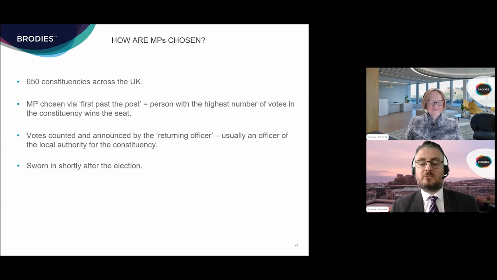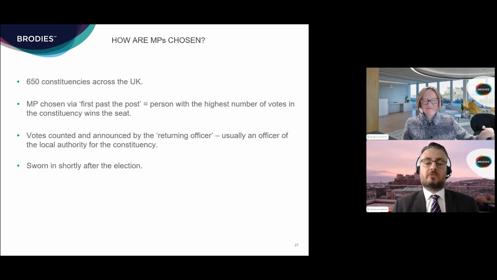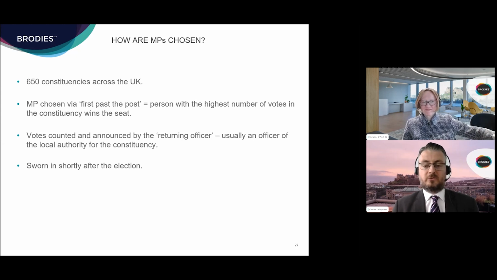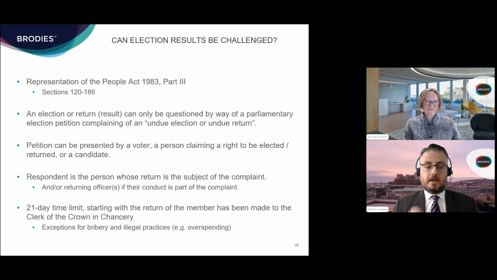And then MPs will be sworn in shortly after the election. Not all 650 of them, though. It's been a long time since there have been 650 because MPs from Northern Ireland who stand for Sinn Féin don't take up their seats because they won't take the oath. So you don't actually get 650 MPs sworn in. Can election results be challenged? This is governed by Part 3 of the Representation of the People Act 1983.